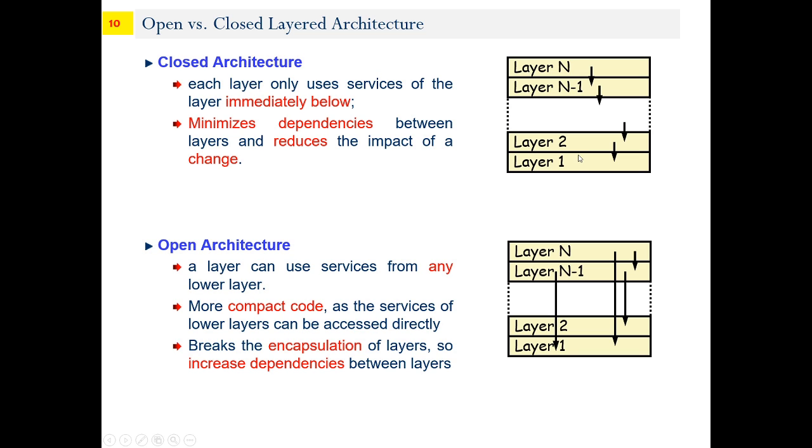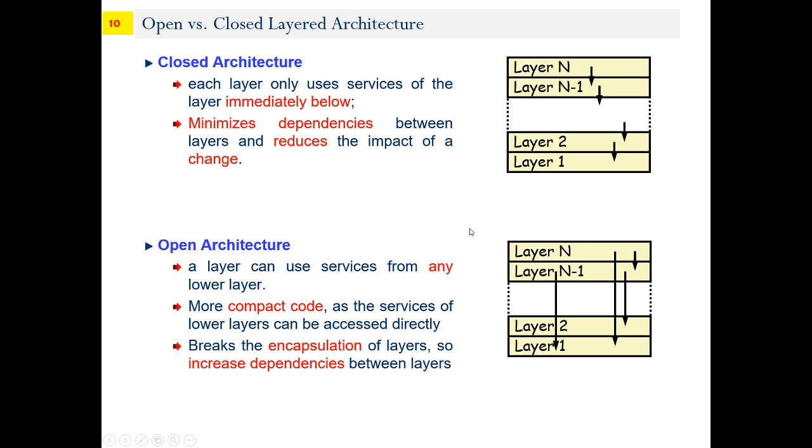This minimizes the dependencies amongst the layers and reduces the impact of change. But direct jumping from layer N to layer 1 is not possible in a closed architecture. That is a limitation. This is in some way a sequential order of processing or communicating.